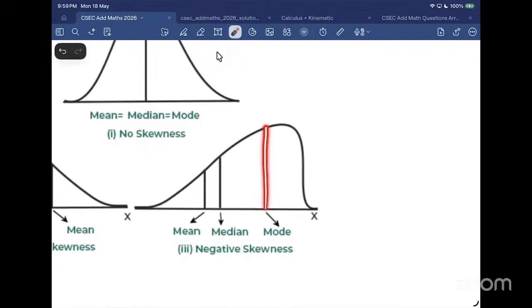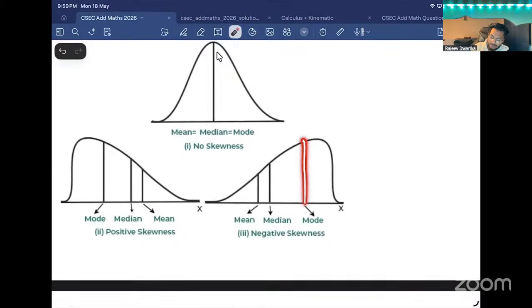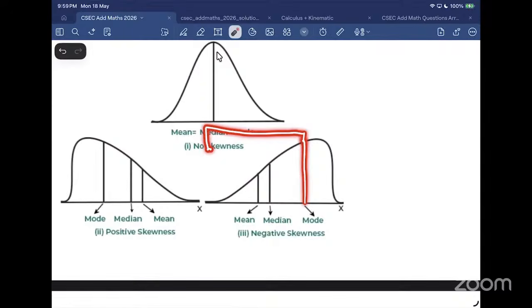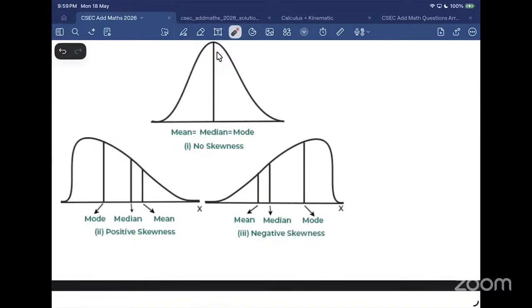So this one is negatively skewed. For negatively skewed, most of the data is to the left, to the left of the mode, so most of the data is lesser, less than the mode.